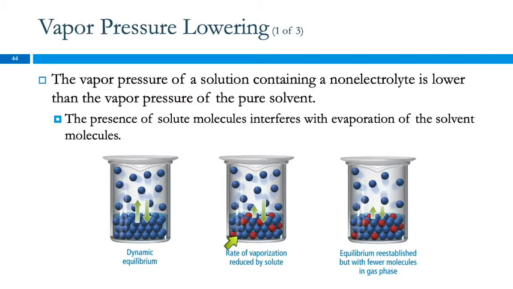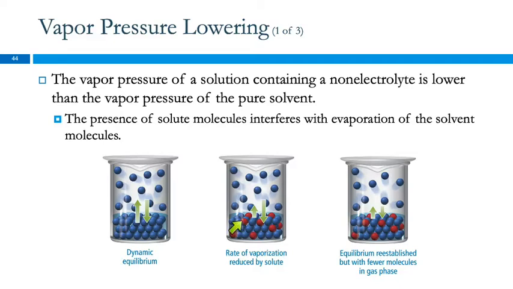When we put a solute into the water, the solute gets in the way of things evaporating. Because this is where we talked about Red Rover. In order for the water to evaporate, it has to come to the surface and have enough energy to break loose.